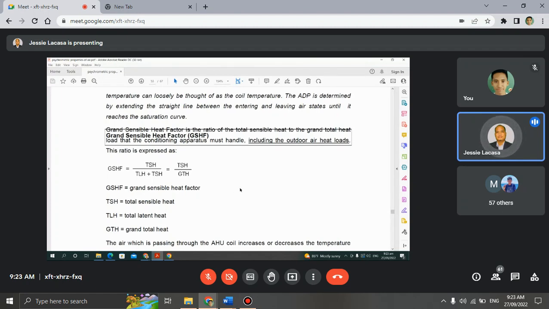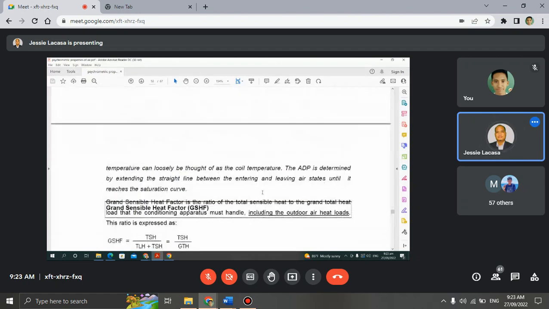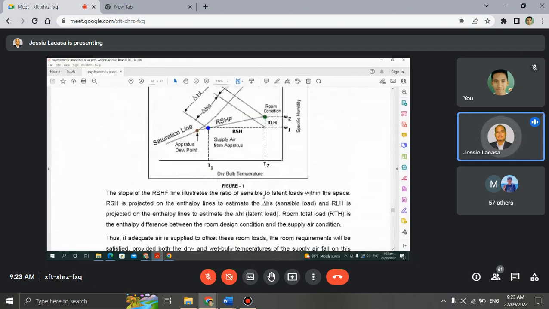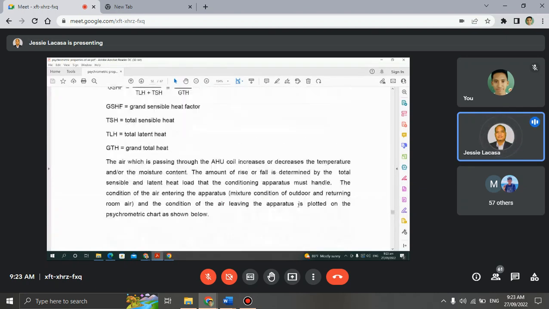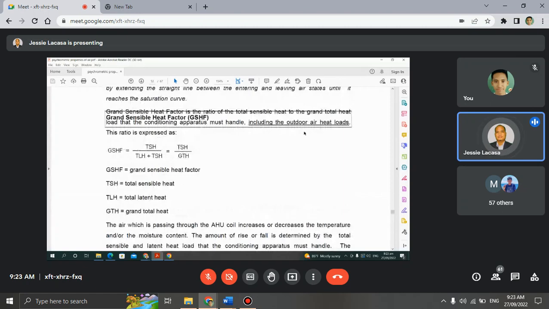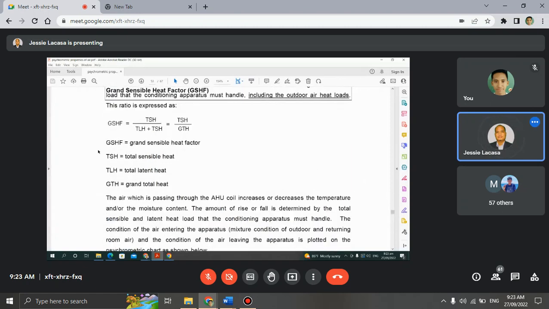So you include everything, no? Unlike the room sensible heat factor, which is for the room only. But for grand, you have to include the outdoor air, no?